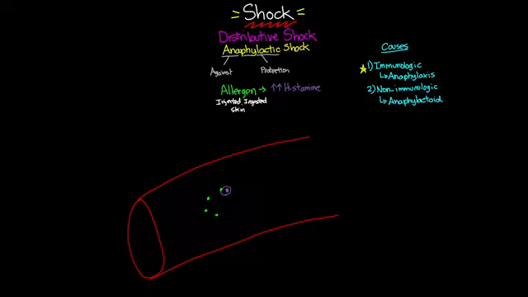The whole purpose of this B cell is to recognize this allergen and to create these proteins that we call antibodies. They're essentially these Y-looking proteins, and they're also referred to as IgE. These antibodies' main purpose is to be able to interact with the allergen.